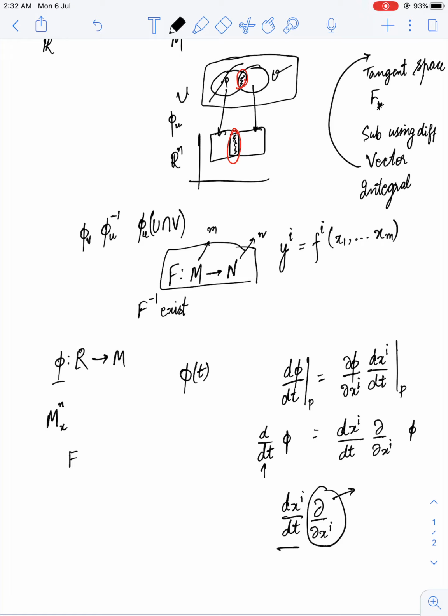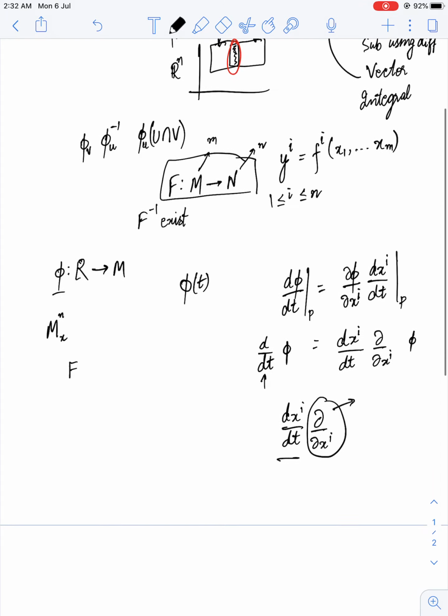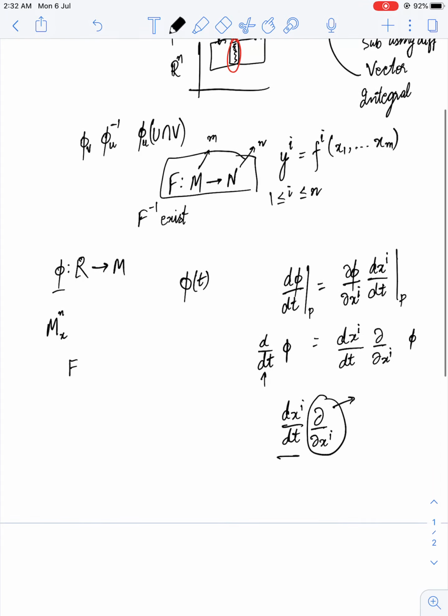I'm not caring about the indices, whether they are up or down in this case; I will talk about it later. This i varies from 1 to n. These are a set of functions when I simply say f. So let's take f as a function from M to N.